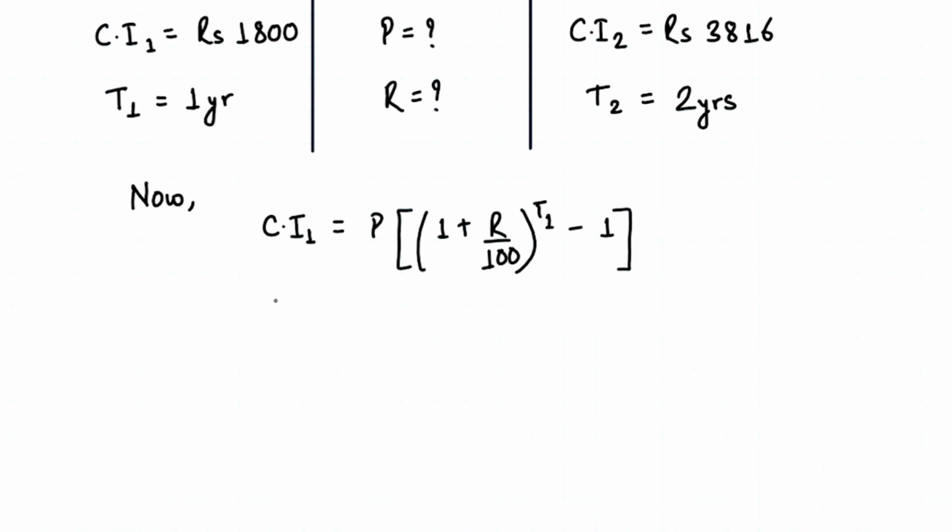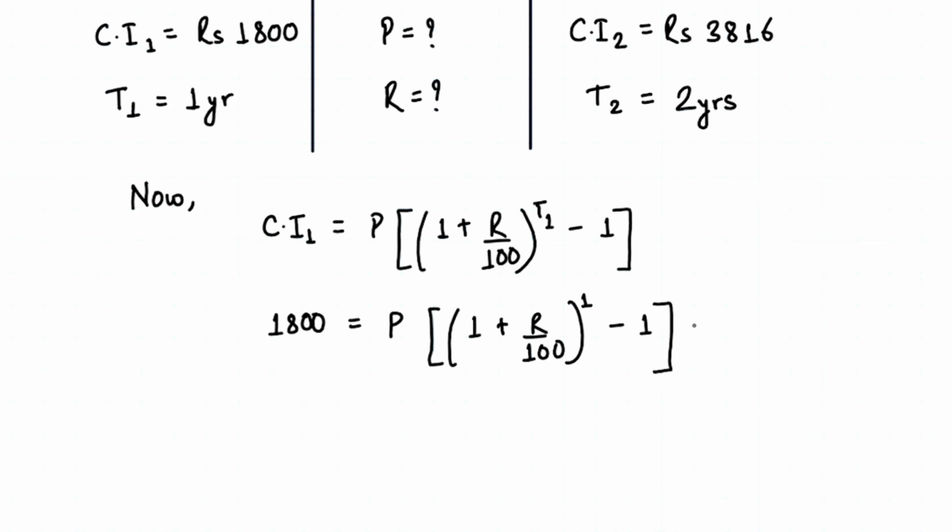Now when we put the value of compound interest 1, we have 1800 equals P bracket, another bracket 1 plus R divided by 100, bracket close. Our T1 is just 1 year, so I'm just going to write 1 over here, minus 1, bracket close. So this is going to be our first equation.